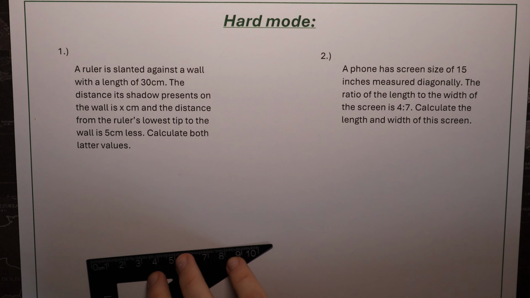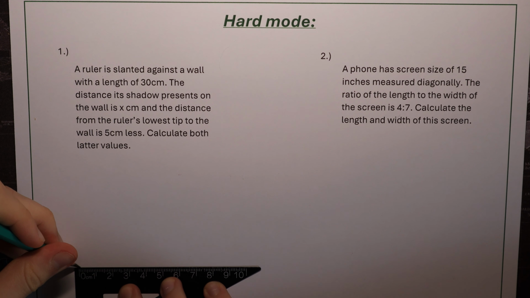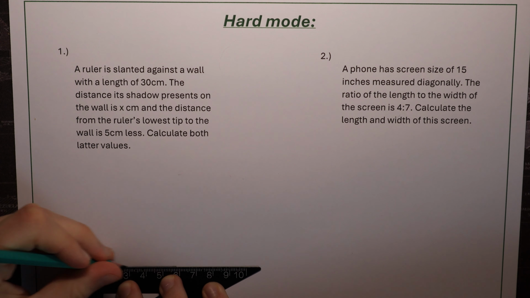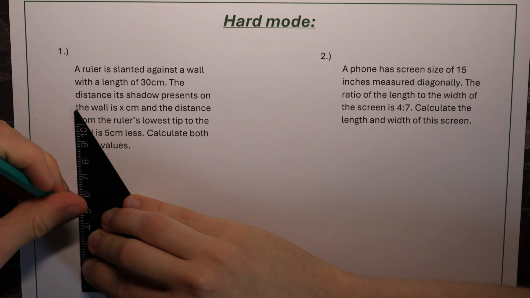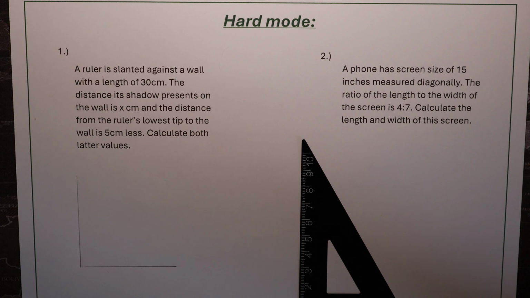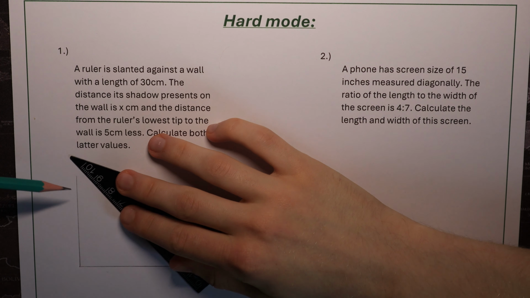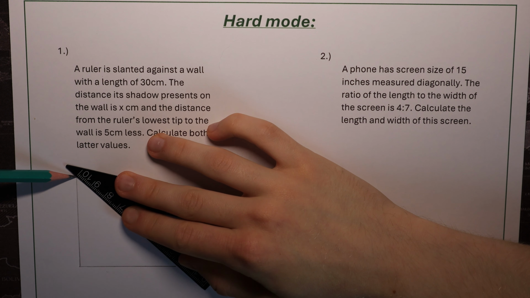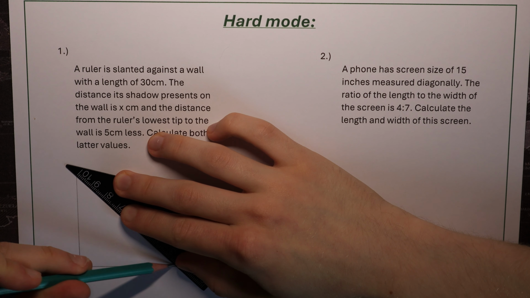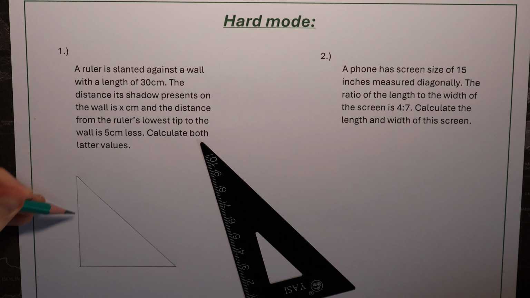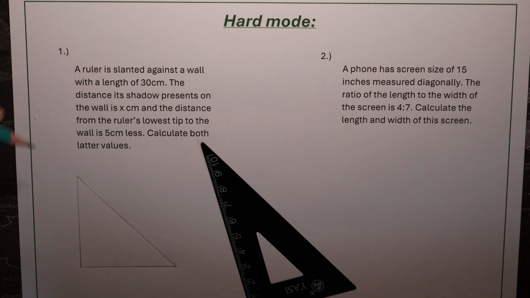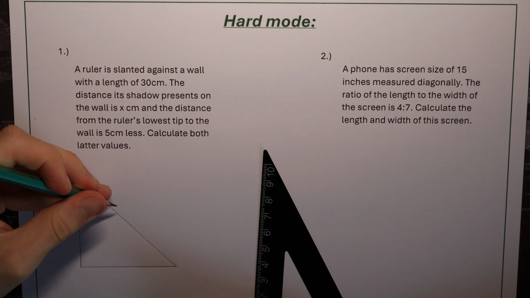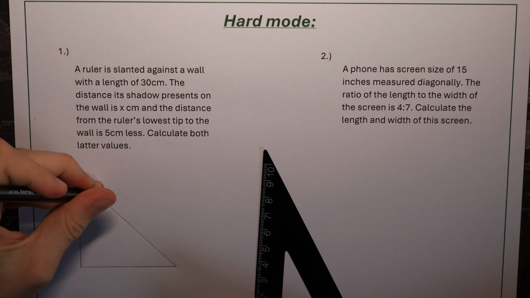So let's see what this means. Let's just draw ourselves this scenario, and we can already see from reading this that this is going to be a type of triangle, isn't it? So here we've got the wall, the physical base which the ruler is on, and the ruler itself. We know that the ruler has a length of 30 centimeters, which is our hypotenuse.